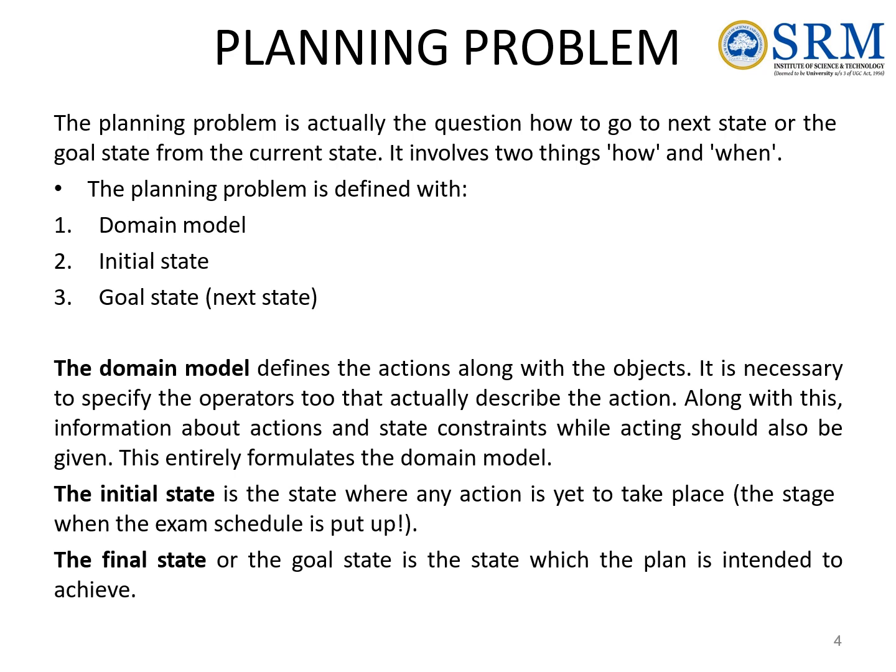This entirely formulates the domain model. The initial state is the state where any action is yet to take place, for example, the stage when the exam schedule is put up. The final state or the goal state is the state which the plan is intended to achieve.